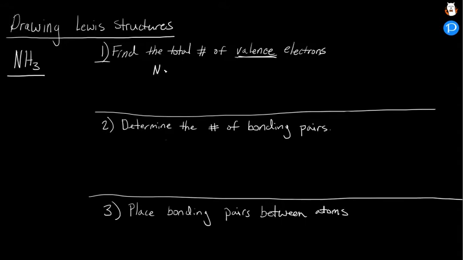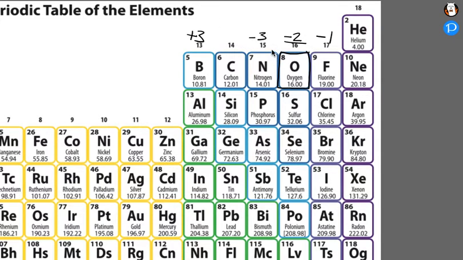I see that I've got 1 nitrogen, so I'm going to put 1 times how many valence electrons nitrogen has. Nitrogen has 5 valence electrons. Again, I get that from where it is on the periodic table, so it's in column 15. So it has 5 valence electrons.